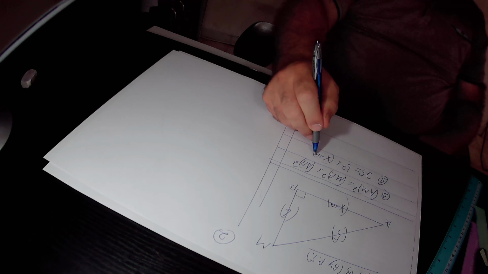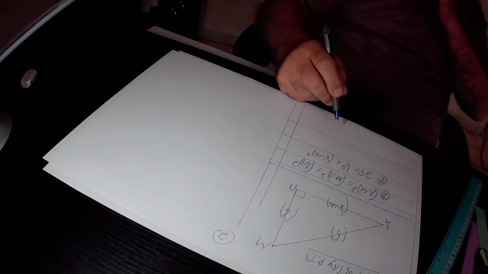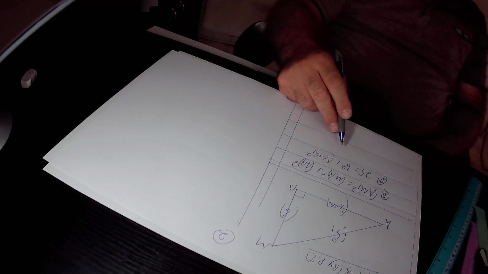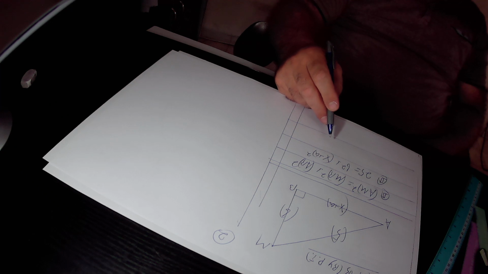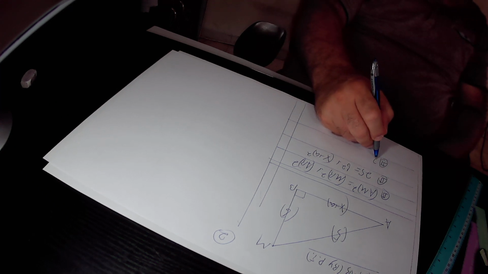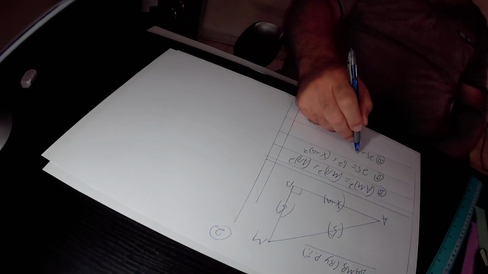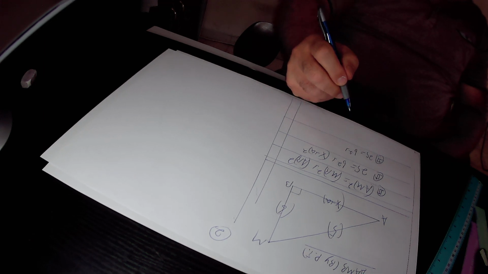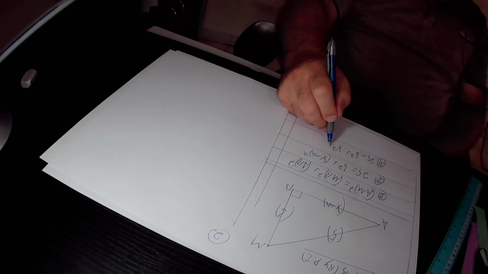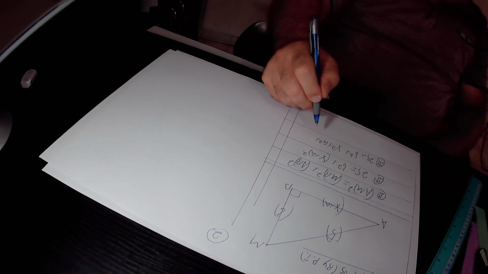So in total, according to equation 2, we found out that 25 equals b squared plus (x plus a) squared. (x plus a) squared equals x squared plus a squared plus 2 times x times a.